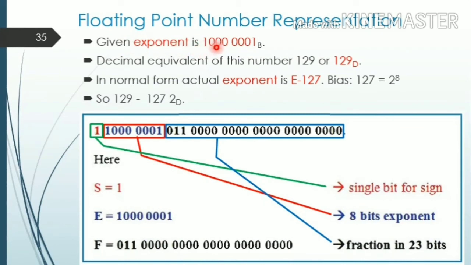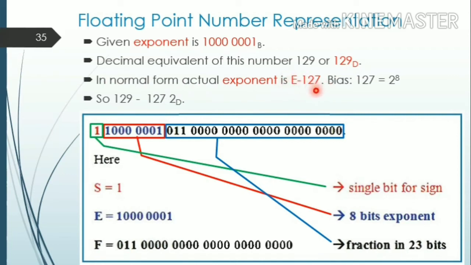The exponent is this binary number. The decimal equivalent of this number is 129. We can say it is 129D also, D for decimal number. In normal form, the actual exponent is E minus 127.